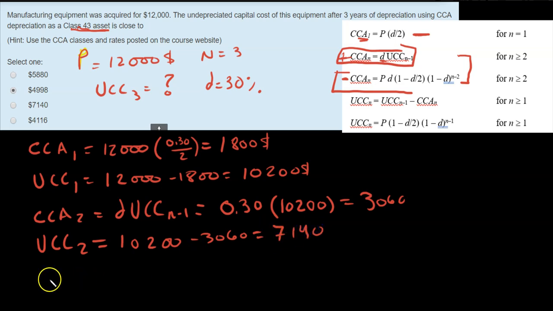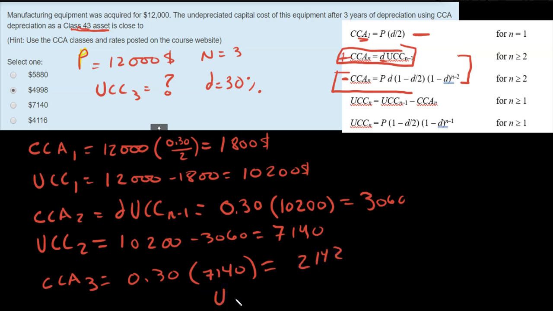And you can see the pattern now. It's really easy. So for the third year, it's just D times previous year's UCC, the remaining balance. 0.3 times 7140 is 2142. And finally, the problem is asking for UCC3, which is the remaining balance at year 3.